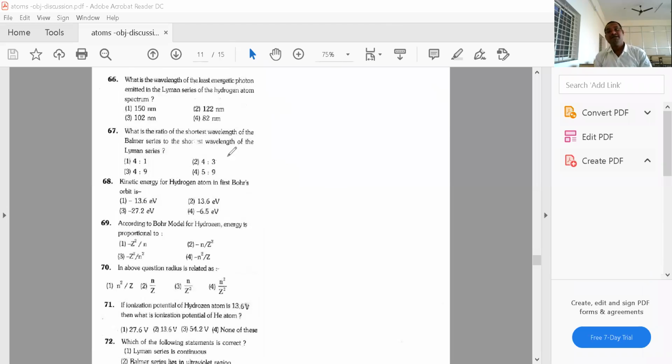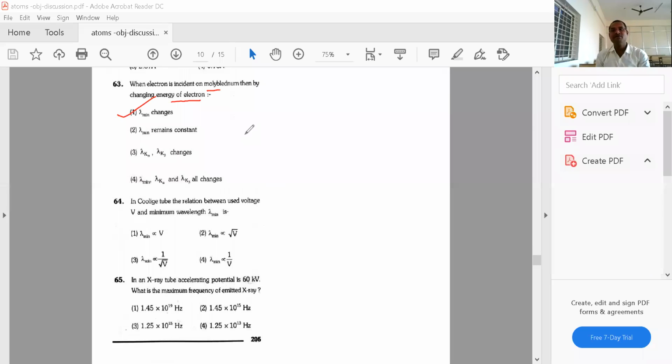Just now we discussed that the minimum wavelength of X-ray depends upon the energy of the electron. Whatever the target element may be, if you change the energy of the electron, the minimum wavelength also changes. Minimum wavelength remains constant, wrong. K alpha, K beta lines change, wrong. K alpha, K beta lines depend upon the material we are using, molybdenum. So this is also wrong. So option 1 is the right answer.